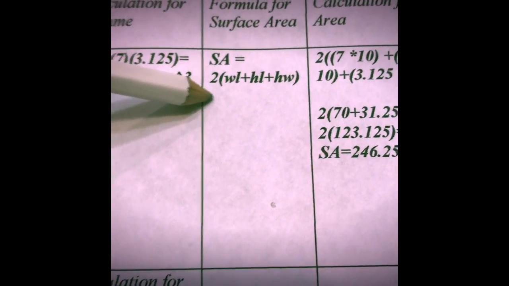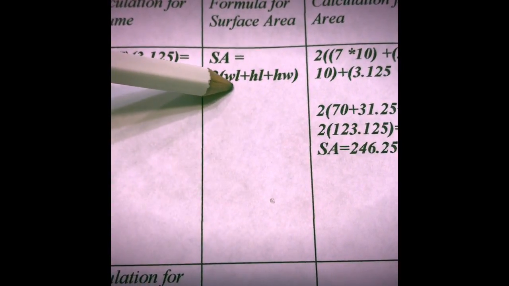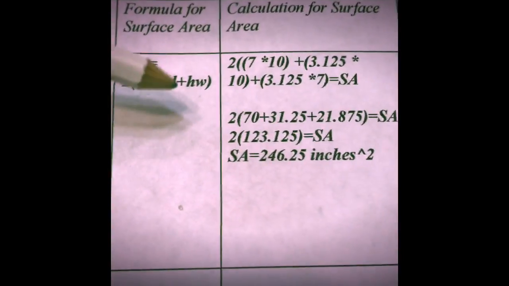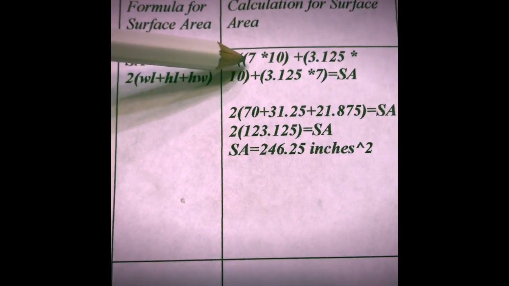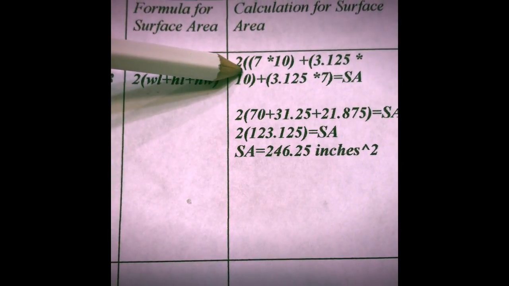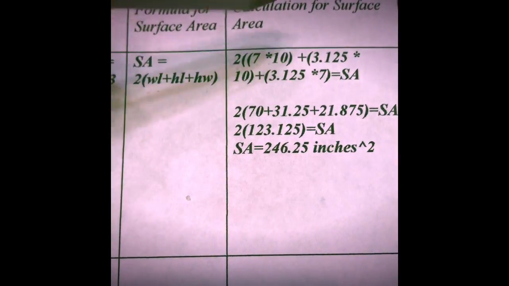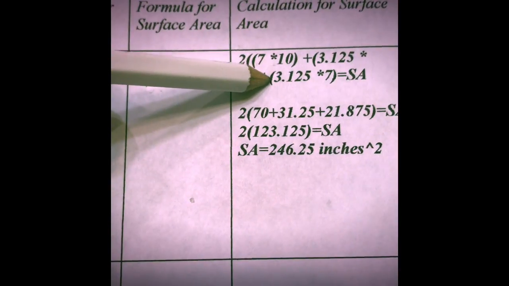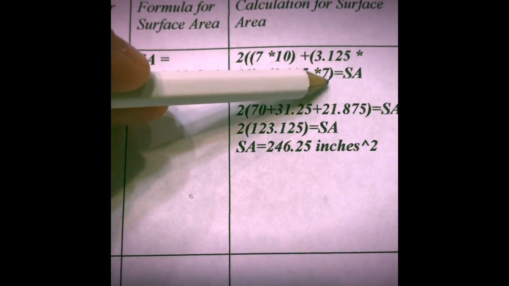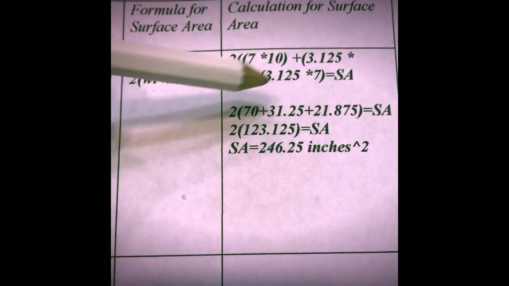The surface area formula is 2 times the width times the length plus the height times the length plus the height times the width. So we'll put all those numbers together, which is 2 times 7 times 10 plus 3.125 times 10 plus 3.125 times 7, which equals the surface area.